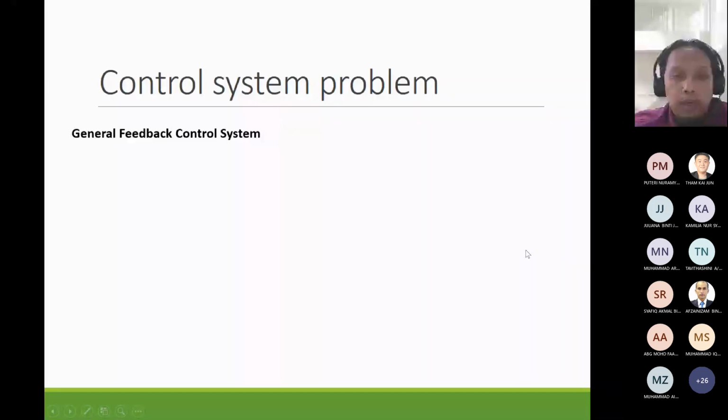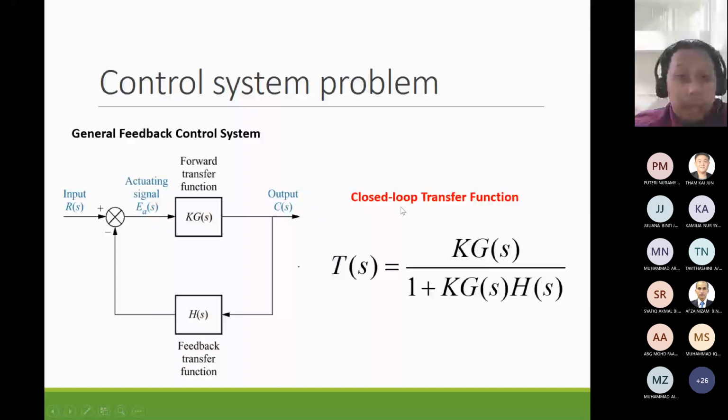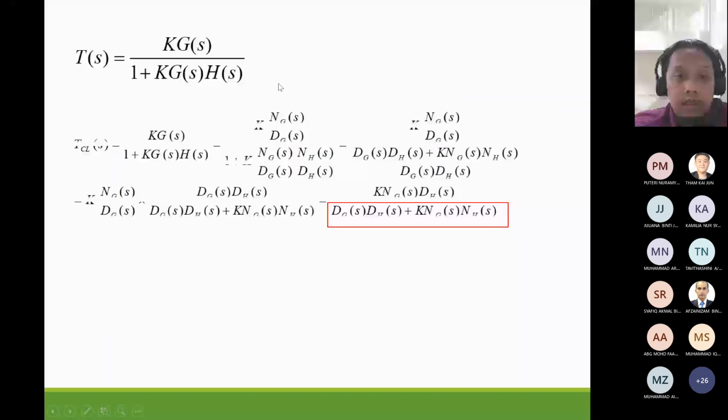So let's look at the control system problem that requires root locus. Let's say again you have this system that has forward transfer function kG(s) and a feedback transfer function H(s). If you derive the closed loop transfer function by simplifying the block diagram, you will get T(s) equals kG(s) divided by 1 plus kG(s)H(s).